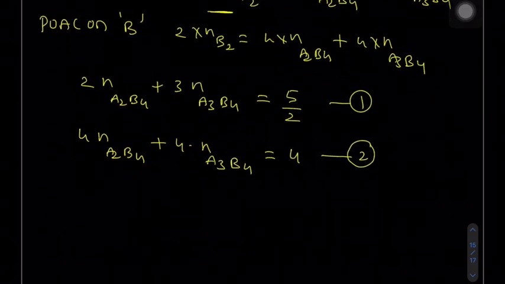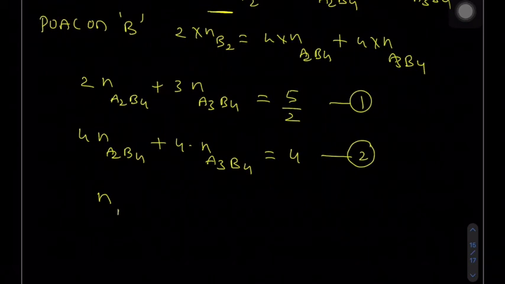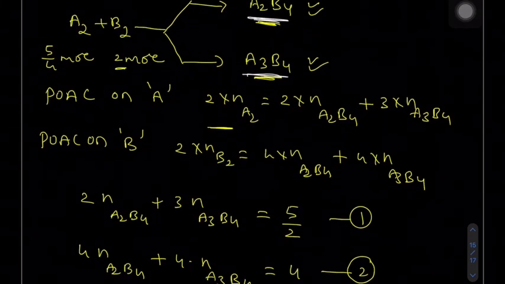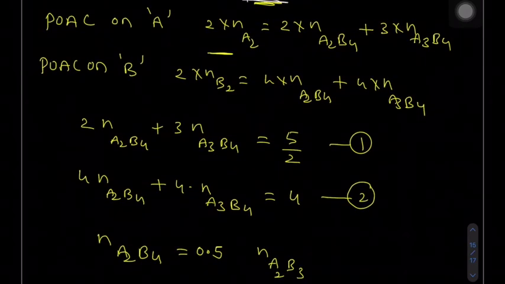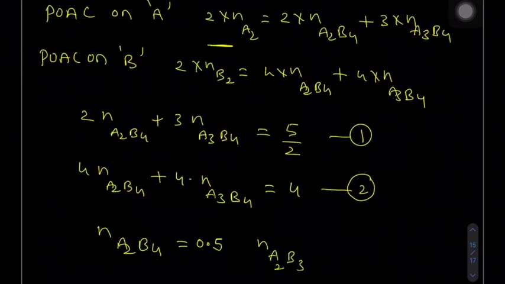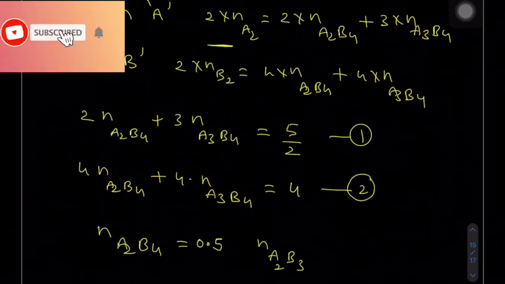By simplifying equations 1 and 2, you will obtain the number of moles of A2B4, that is 0.5 moles, and the number of moles of A3B4 also.